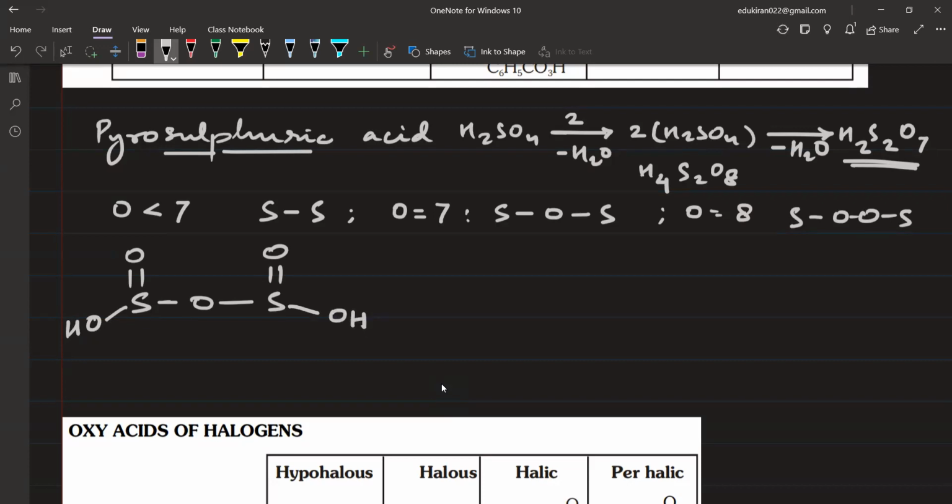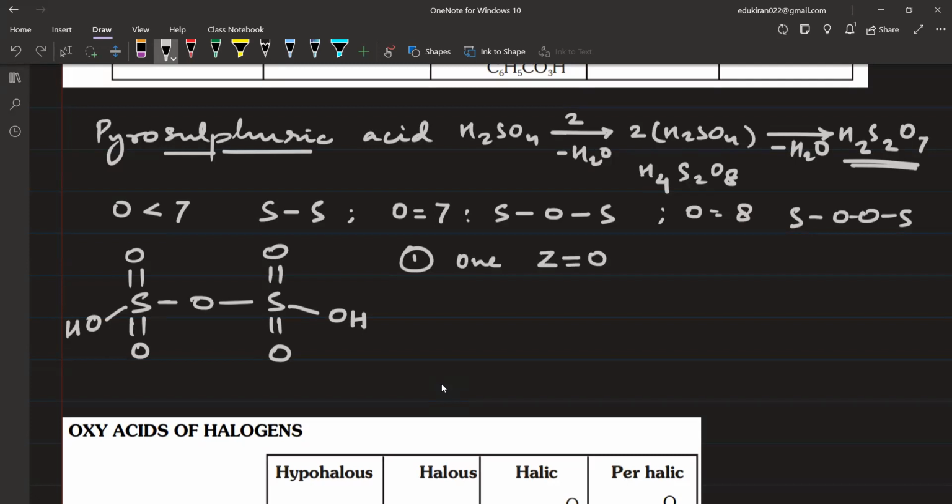Now, what is remaining here? How many oxygens are remaining now? 1, 2, 3, 4, 5 oxygen is done. There are 2 oxygens remaining. So यहाँ पे एक double bond O और आ गया and यहाँ पे भी एक double bond O और आ गया. So what you need to do first of all. Now I'm not talking about sulfuric acid या फिर sulfur के case का, not acids of sulfur. In general speaking, 1 double bond O should be there.